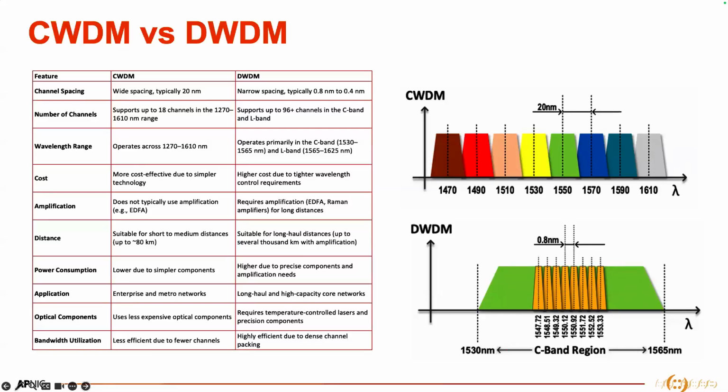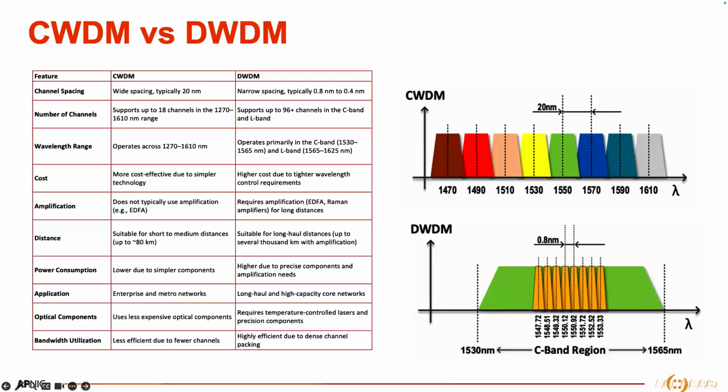So what happens when the temperature is outside the range? It might be colder, it might be warmer or hotter. When it is outside the threshold range, the lambdas start to change their shape. They start to overlap with each other. As you can see in the diagram for DWDM or CWDM, they are sent over different wavelengths, different lambdas, right?